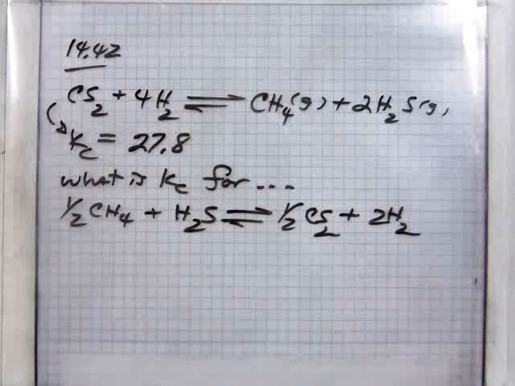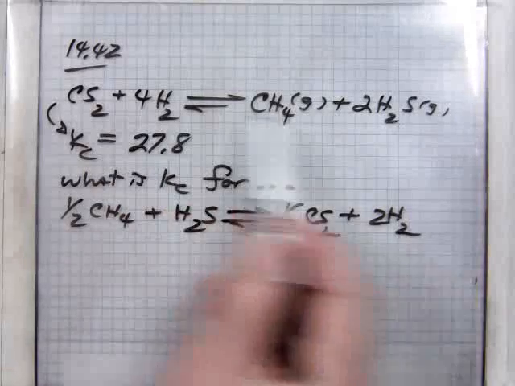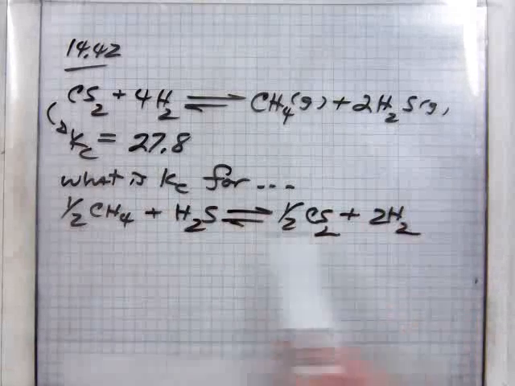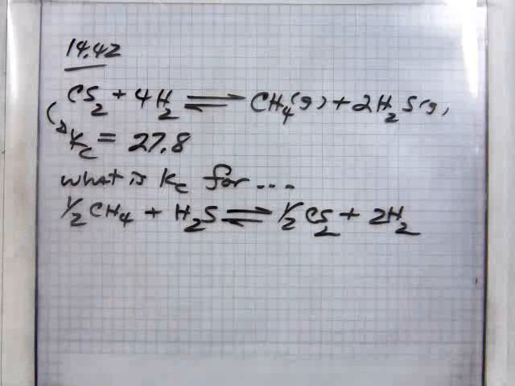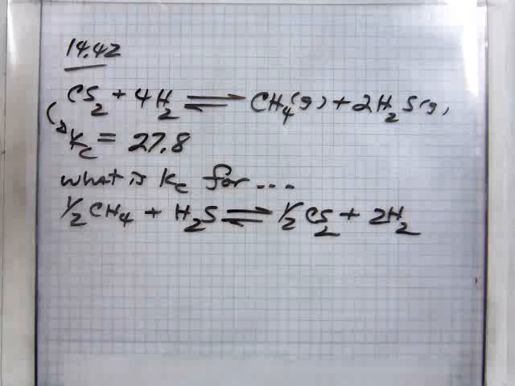Okay. So you write the equilibrium expression of the first one, write the equilibrium expression of the second one, ask yourself how did you go from 1 to 2, set up your equation between K1 and K2, and then substitute your value for K1, and you get your answer.